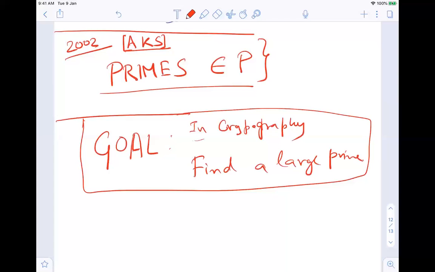Anything in cryptography starts with a prime. So the primes problem is a very big problem. We will talk about it a bit more in the next class, maybe on Tuesday.